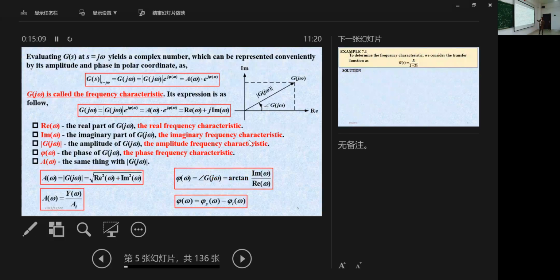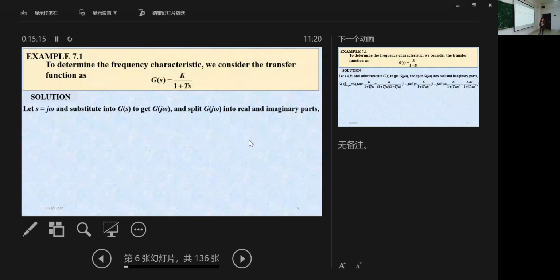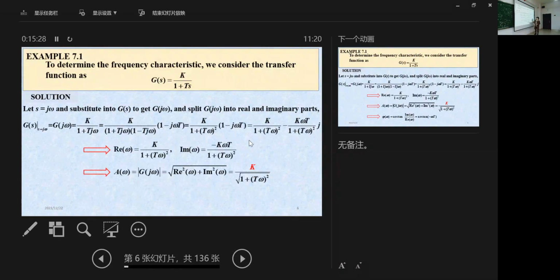You know this, you want this. In Chinese, gougu ding li is the Pythagorean theorem. Okay, we have this, so we get A of omega equal to this, and this is the final result.